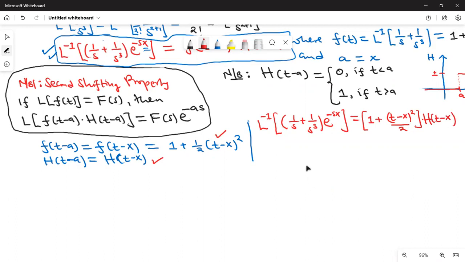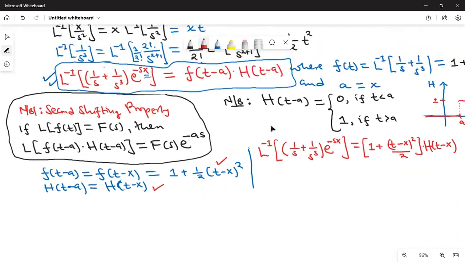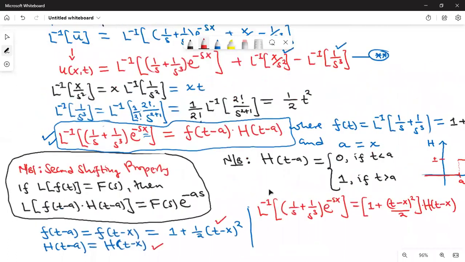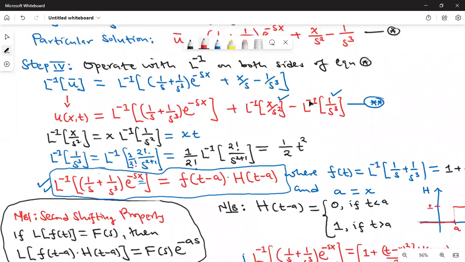And so going back to our particular solution, let me take you up. Our particular solution, which was equation star, I now know the inverse transforms on the right hand side. We just replace, and so that will be our particular solution.